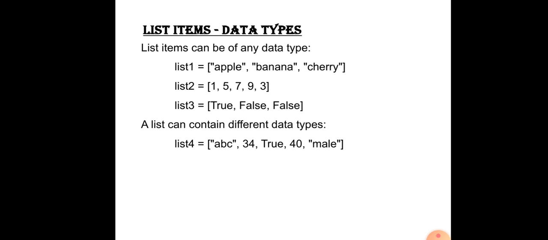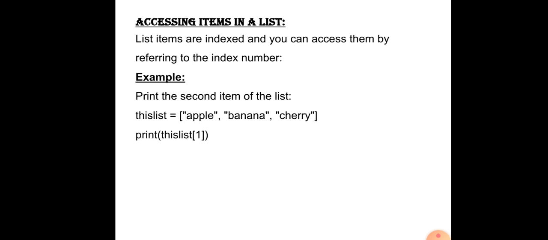In the first example, list1, list2, list3, all the elements are of the same data type, and in the second example, in list4, I have stored values of different data types such as string, integer, boolean, and a combination of these.